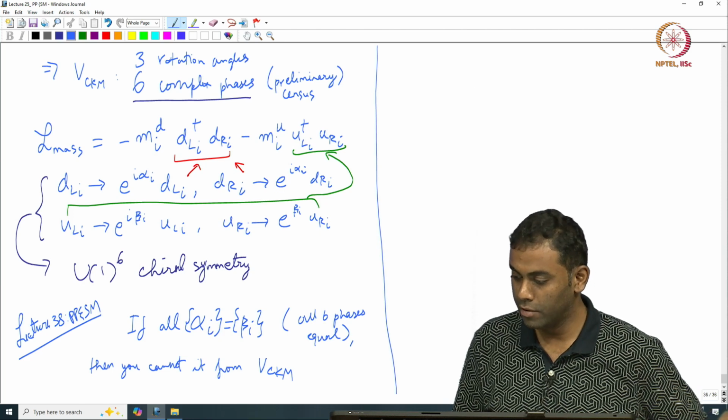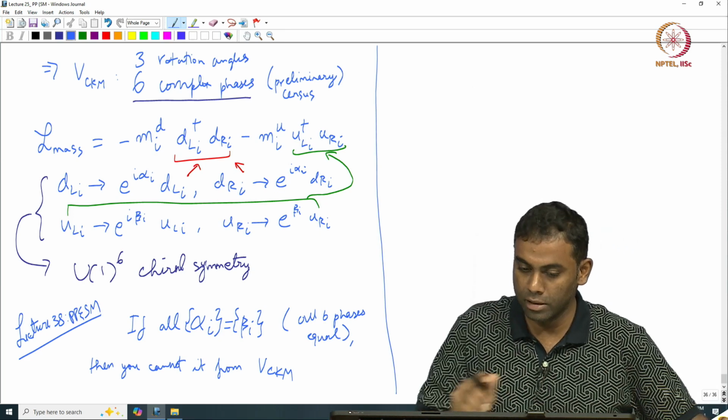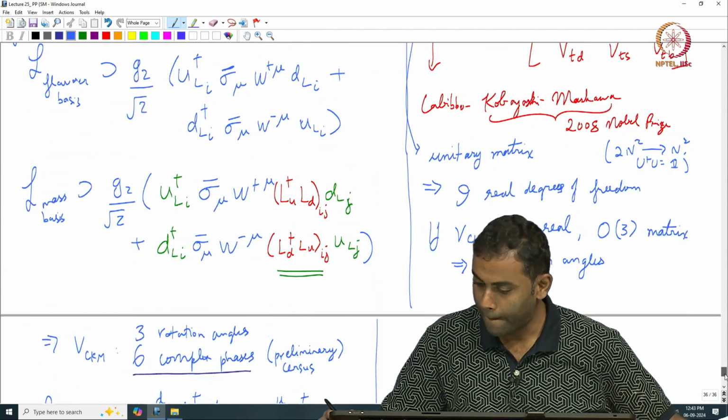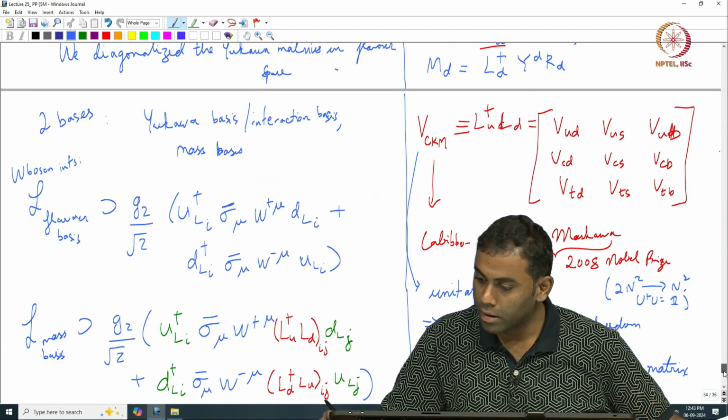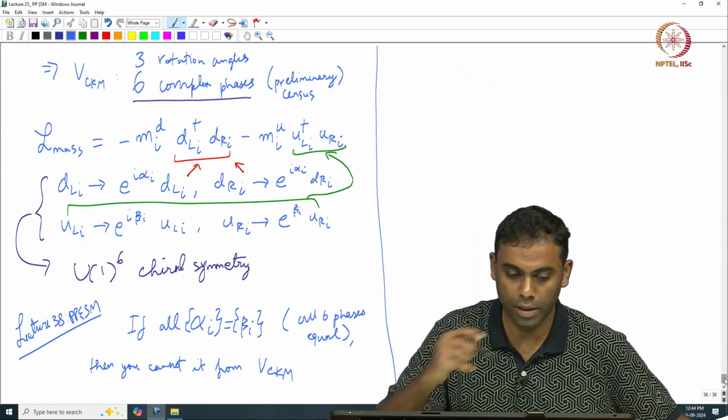If this is not clear already, let me illustrate it by actually writing out the CKM matrix this way.